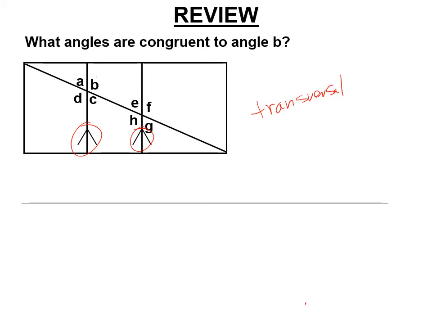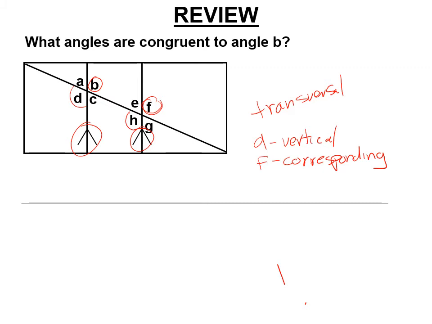All right, so B is congruent to D because D is vertical to it. You have to know the reasons as well. B is congruent to F because F is corresponding. That's the math word for matching. It's in the same spot. So it's in the corresponding spot. And then what else?